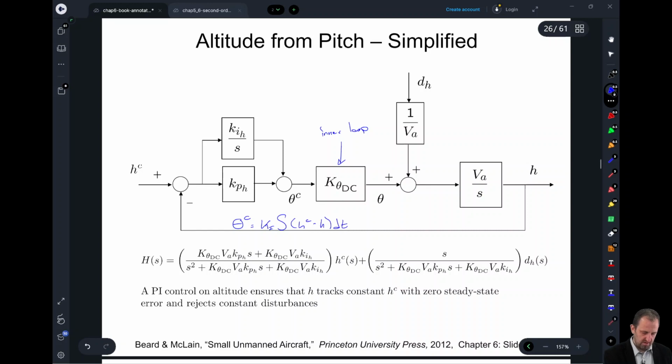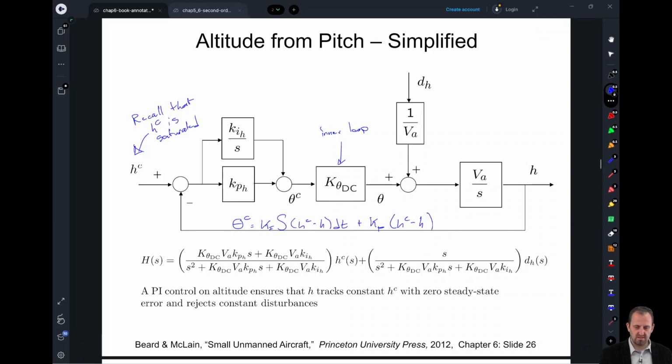And remember that our commanded height is saturated as well. Anyway, we have our commanded height, plus our proportional gain times our commanded height minus our actual height. So that should look very similar to previous.